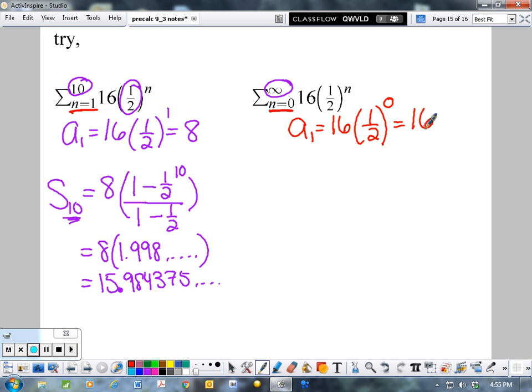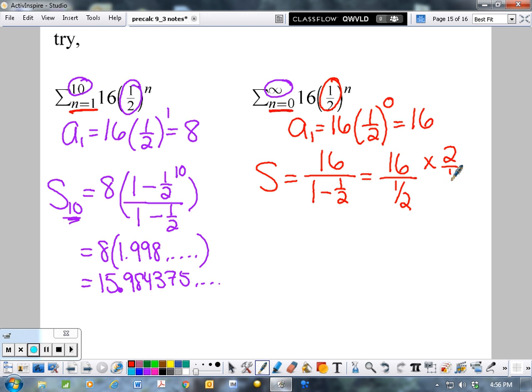And then my sum should be 16 divided by 1 minus our r, so our 1/2. So this becomes 16 divided by 1/2, or I can multiply by the reciprocal, 2 over 1, which gives me 32.